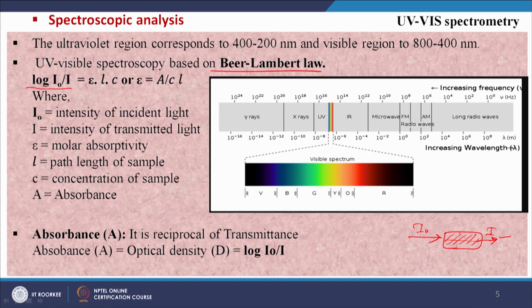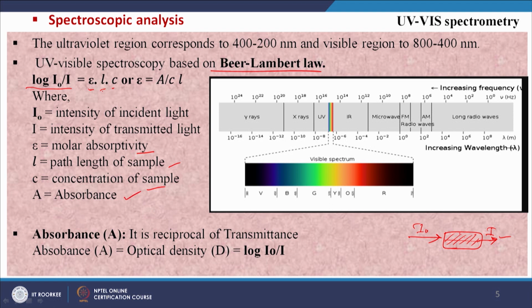So, log I0 by I is equal to some constant, epsilon, into L into C, where epsilon is the molar absorptivity, C is the concentration of the sample and L is the path length of the sample. This molar absorptivity epsilon is equal to A by C L, where A is the absorbance.